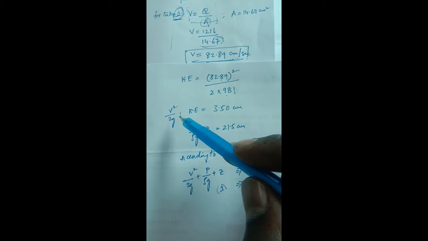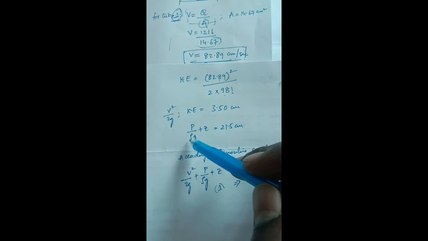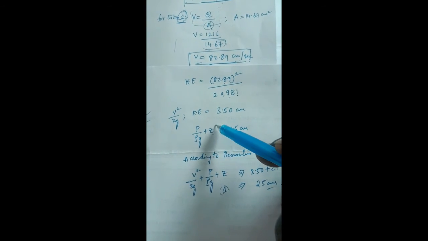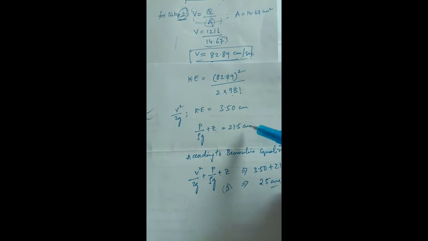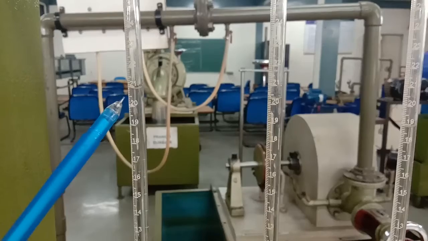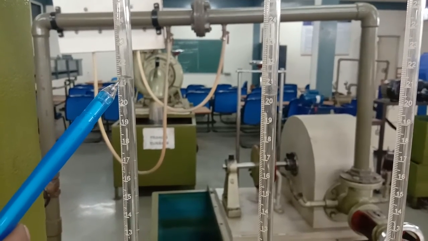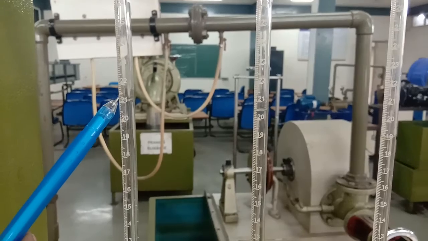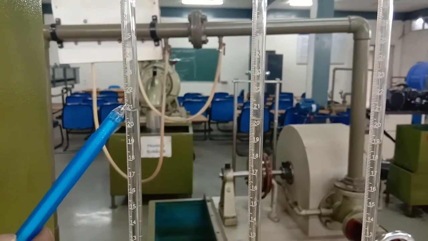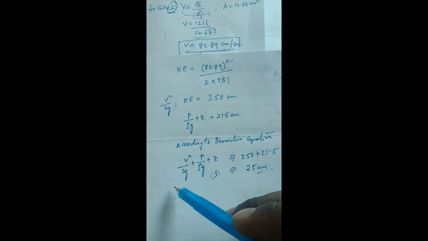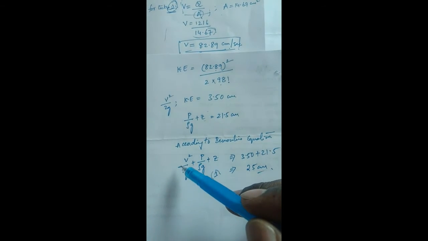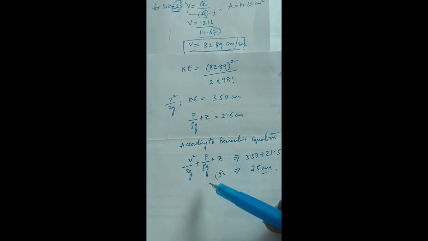Now we have to find out the potential head as well as the datum head. This P by rho g plus z value we get from the experiment, that is 21.5 centimeters. According to Bernoulli's equation, the total equation is P by rho g plus v square by 2g plus z is equal to constant.